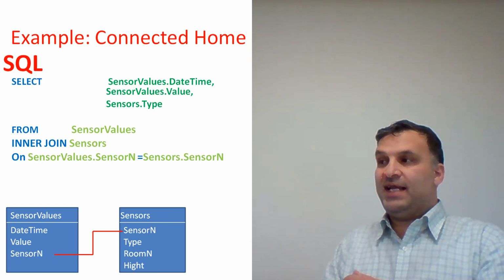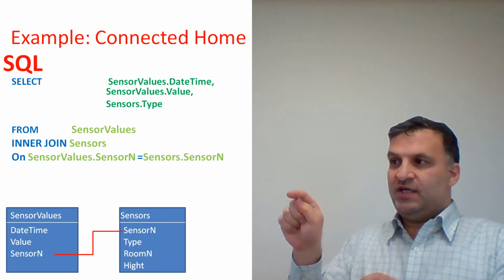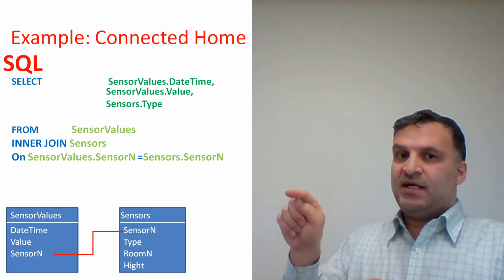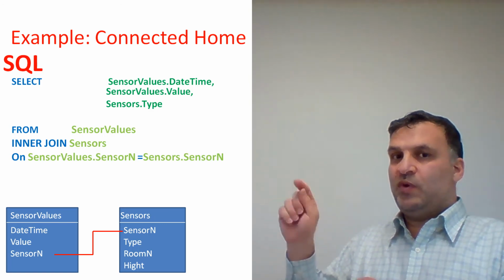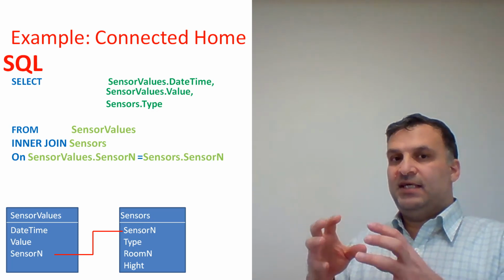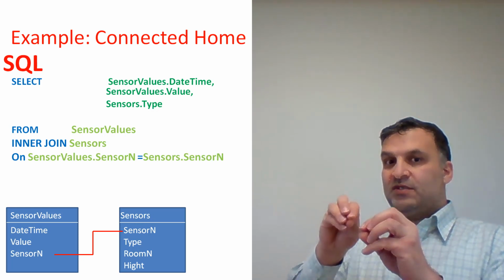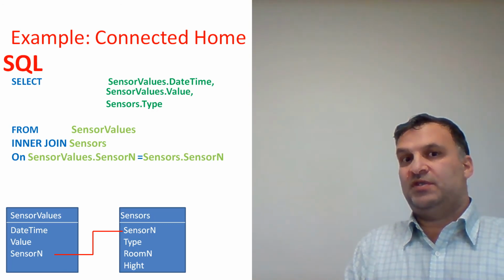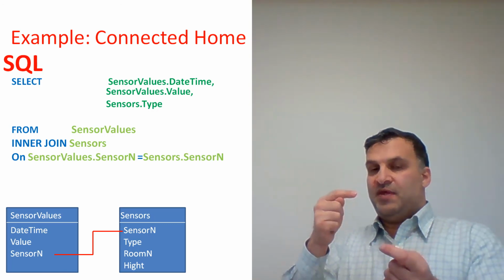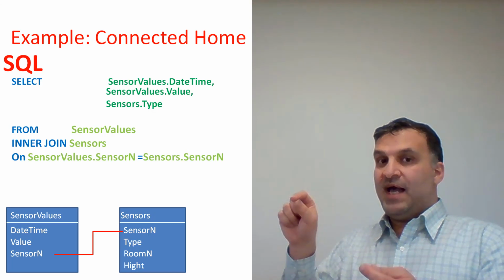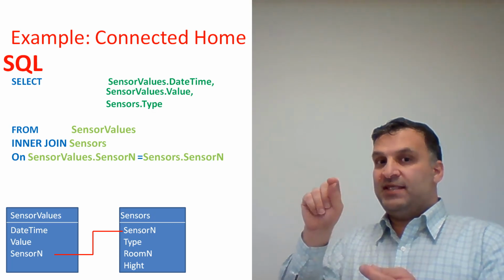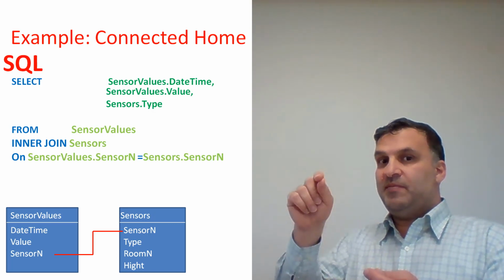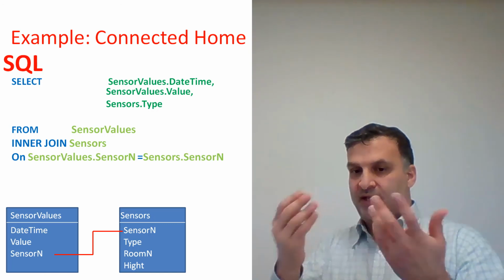For this reason, we can add some conditions, to say, for example, where the number of the room is equal to 1 or 2 or 3, to specify that we want the sensors from this room. And we can add other conditions, to say that we want the type of the sensor to be temperature or humidity, for example, or another type of sensor.